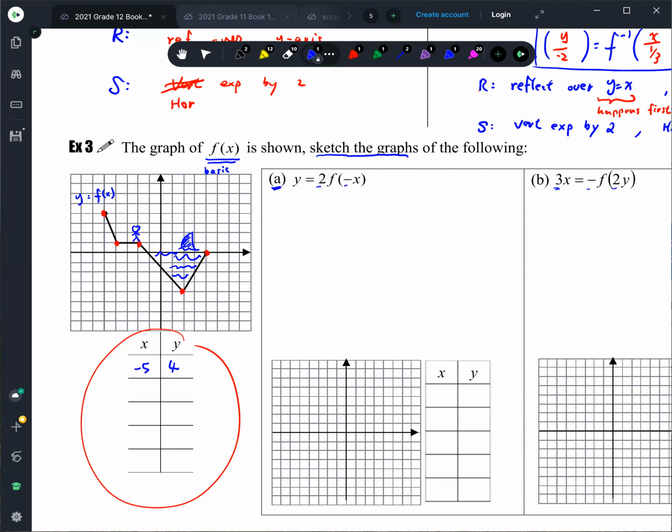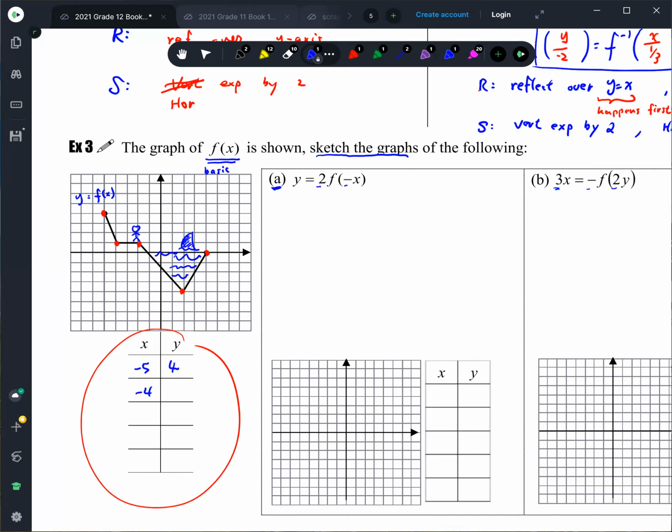Okay, Caleb, what's the next point? -4. And what's the y? -4 what?